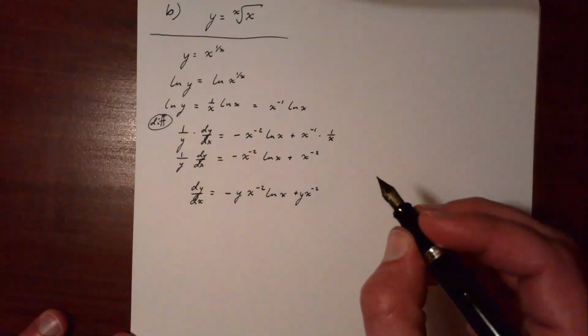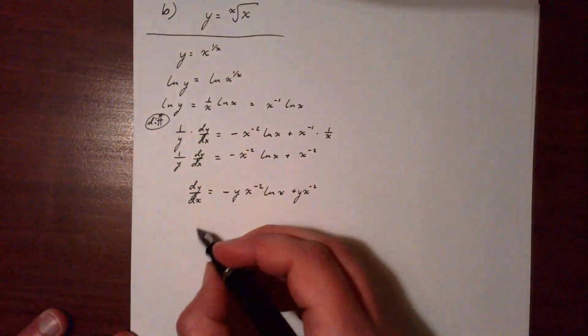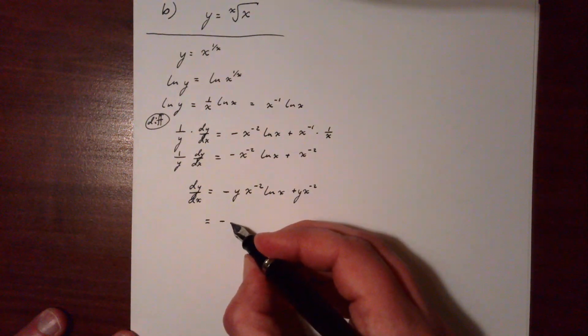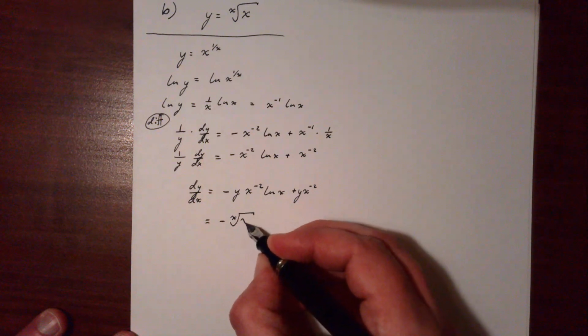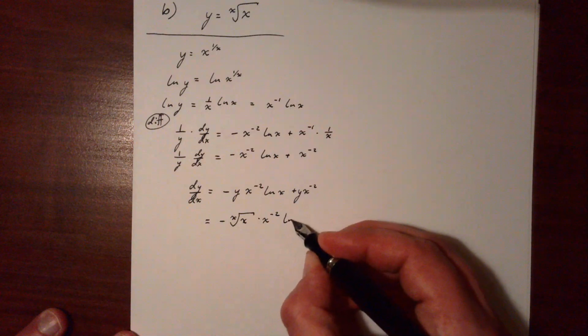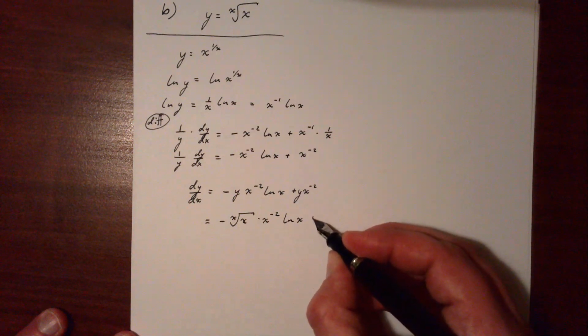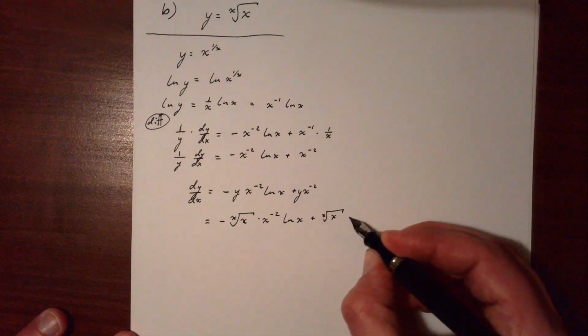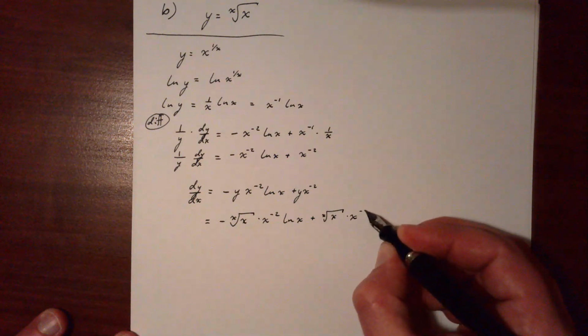But what's y equal to? It's the xth root of x. So what's that look like? It's going to be negative x root of x times x to the negative 2 natural log x plus x root of x times x to the negative 2.